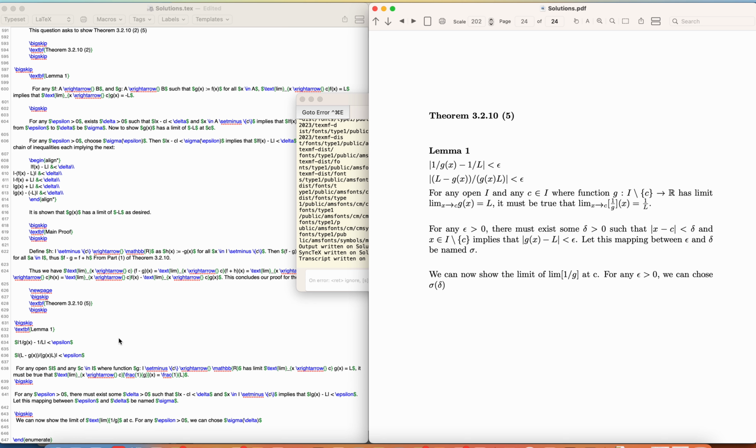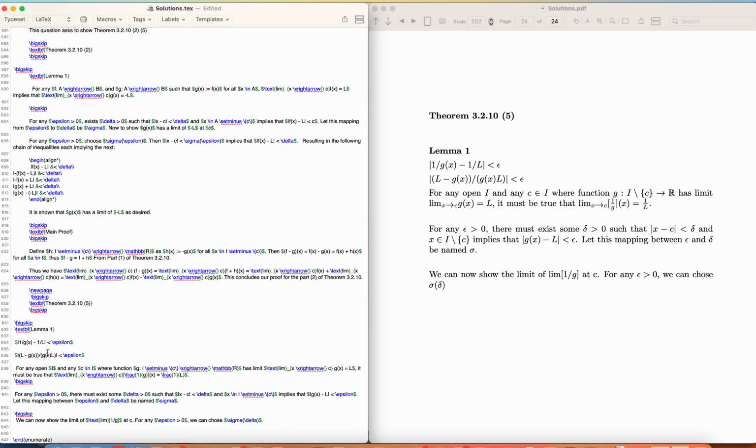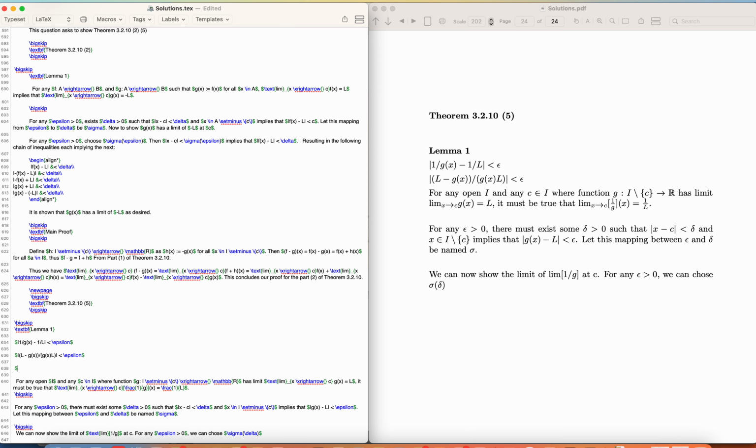You somehow can bring it back to L minus g(x), but you then have to deal with the denominator. L is a known value, so we can consider it to be a constant. So let's quickly do that.